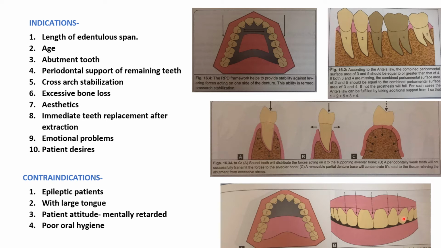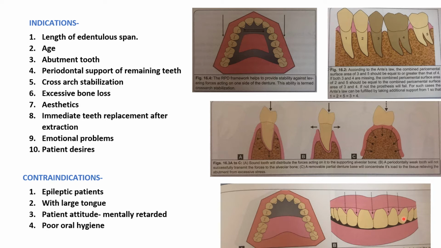Then the eighth one is immediate teeth replacement after extraction. It is not successful in the case of fixed partial dentures because further ridge resorption will occur and it produces an unesthetic appearance. In a case of removable partial denture, relining can be done as resorption occurs. Fixed is like you're fixing it, and removable is when you can easily remove it.